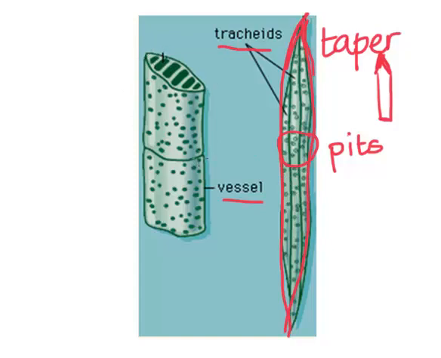Here we can see the other kind of xylem cell known as a vessel. Vessels are also elongated, but they have blunt ends to the cells. We can see they're not tapered, they come to a blunted end, but we can see also that the walls of the vessel are pitted, and they are also very, very thick, the cell walls.